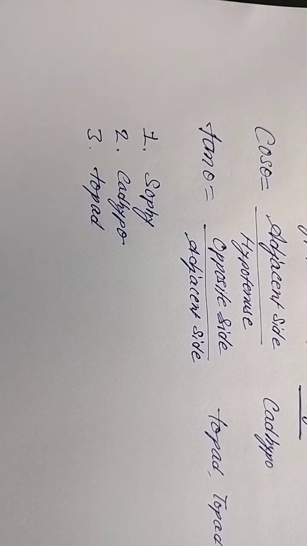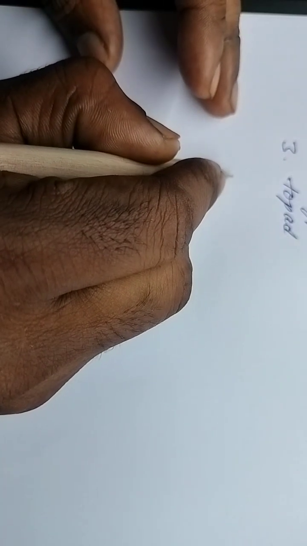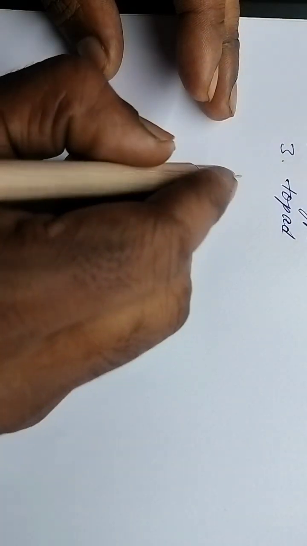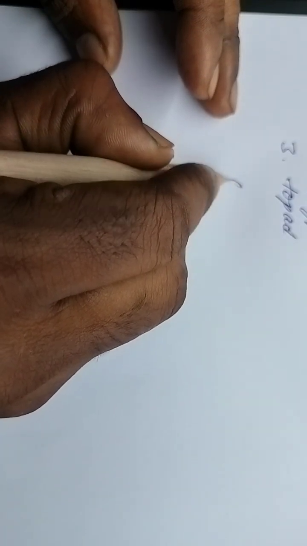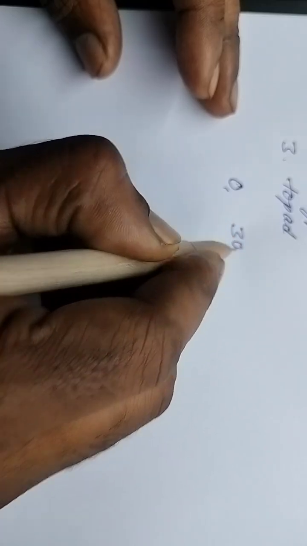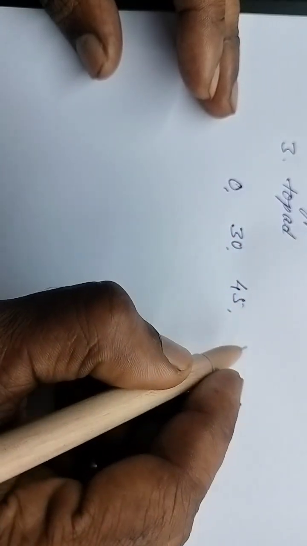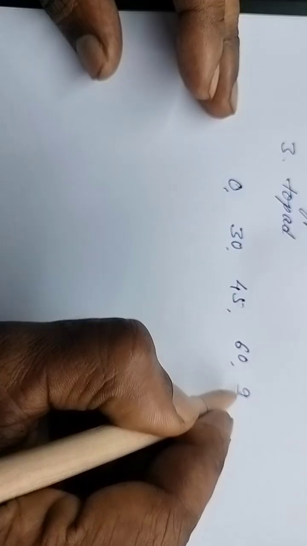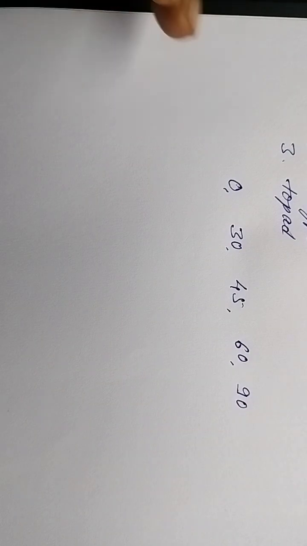Okay, look, now I will show a simple formula for remembering the value of sin theta, cos theta and tan theta in any angle, for any degree. For how many degrees? 0, 30 degree, 45 degree, 60 degree and 90 degree in our basic trigonometry.